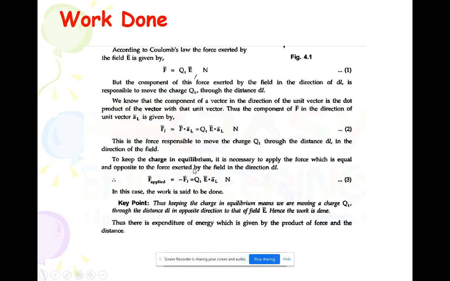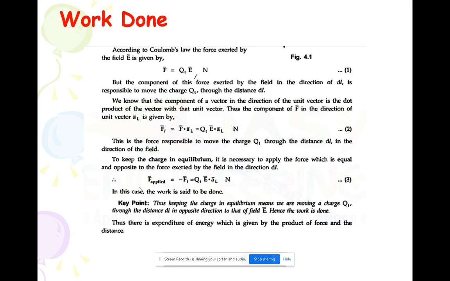Now we keep the charge in equilibrium. Equilibrium means applying a force equal and opposite to the force exerted by the field in the direction of dl.